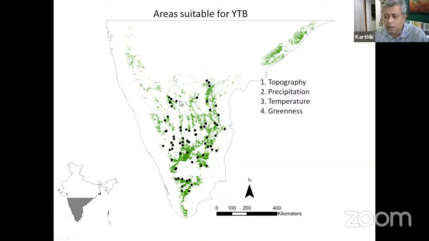And you have all observations which are in black dots here. And you recognize the outline of India in this map. And what we did was used these features, which are all collected through satellite images. When we send satellites, they have very powerful cameras, and these cameras keep taking pictures.